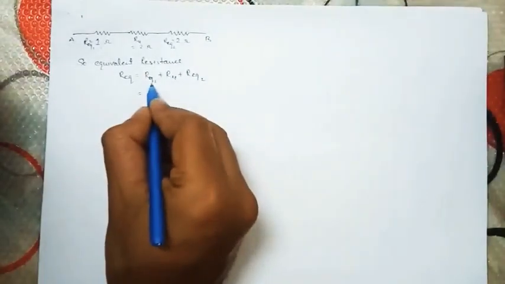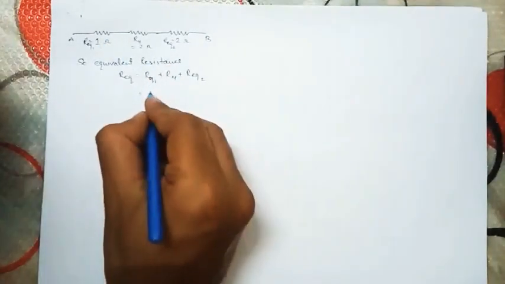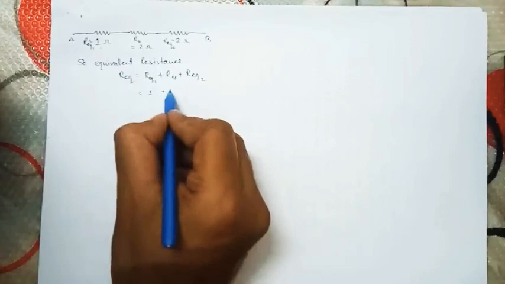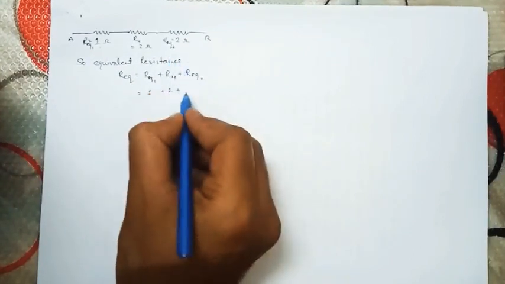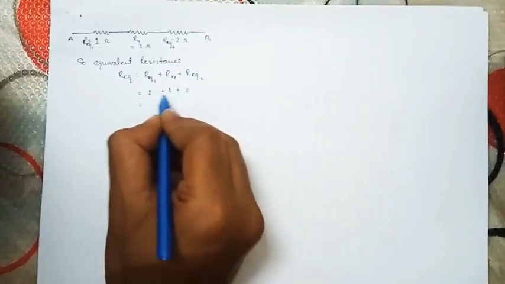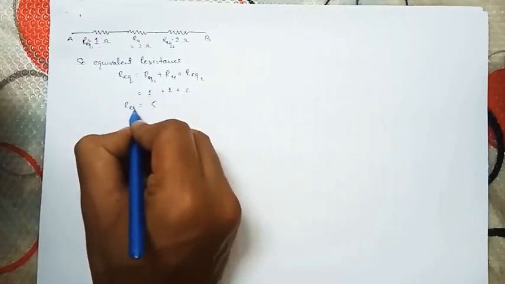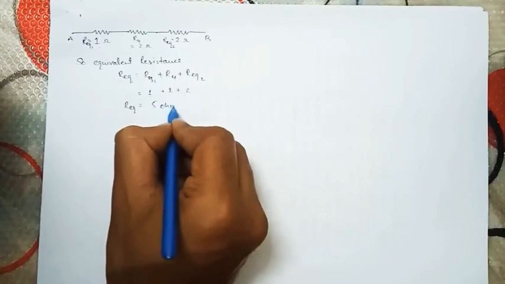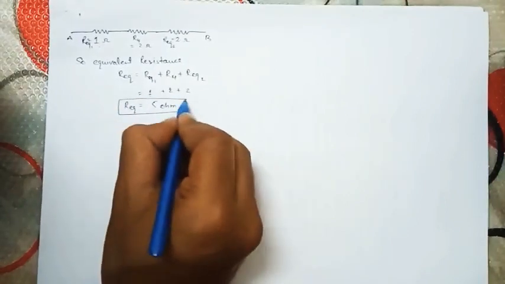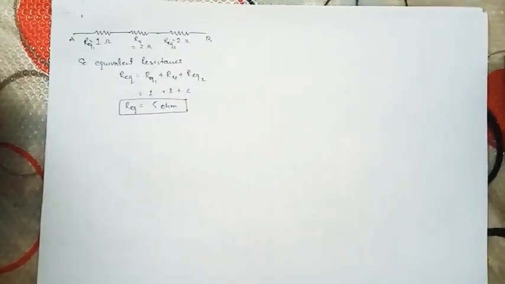What is the value of R equivalent 1? That is 1. What is the value of R4? That is 2. What is the value of R equivalent 2? That is 2. So 1 plus 2 plus 2, the value is 5. So the equivalent resistance is 5 ohm.